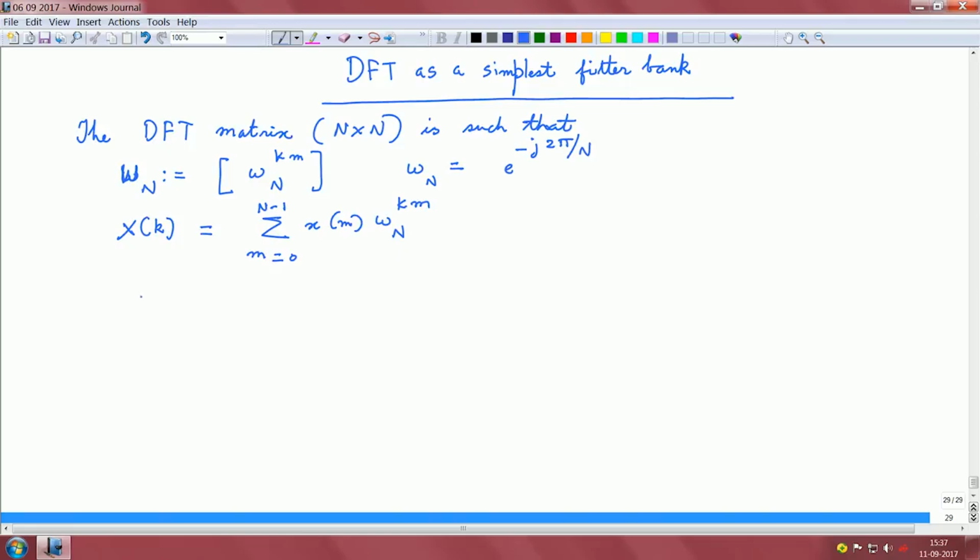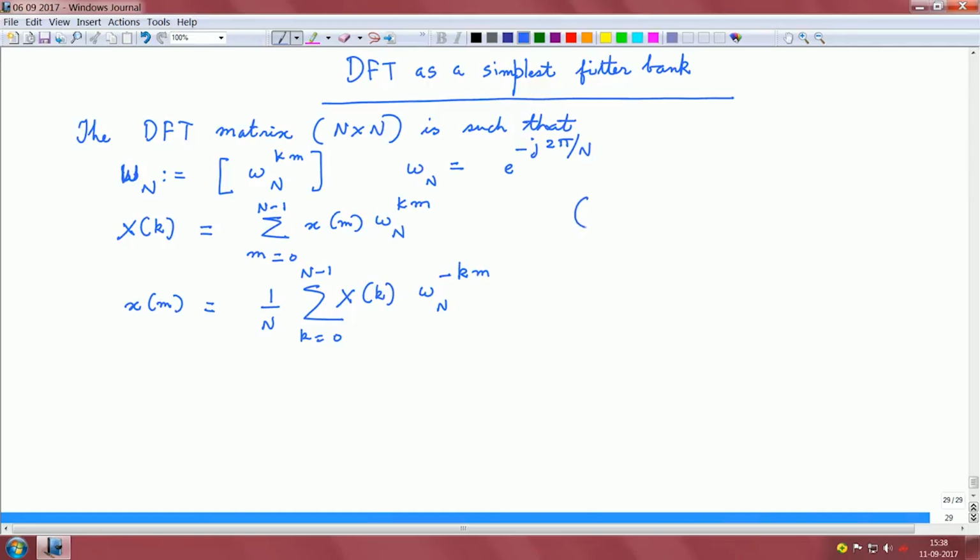Now we have the inverse Fourier transform, which links the frequency domain back to the time domain. Given the frequency domain samples, we can get back to the time domain, and that is given by 1 upon n, summation k equals 0 to n minus 1, x of k omega n power minus k times m.